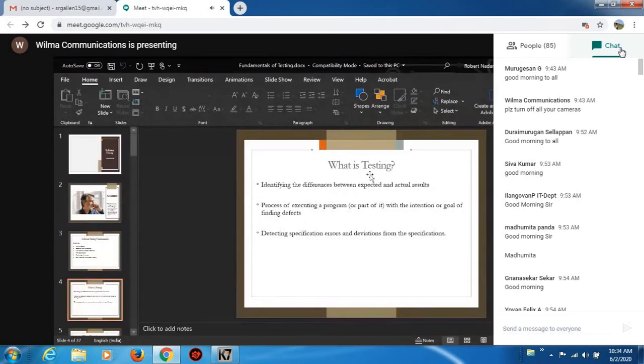A very simple example: every morning once we wake up, we have a habit of checking the mobile phone. We check email, we check WhatsApp, we check whether the mobile has enough charge or not. Before we go to the office, before we move to our work, we check all the necessary stuff, whether we have taken everything we require. All this comes under testing only.